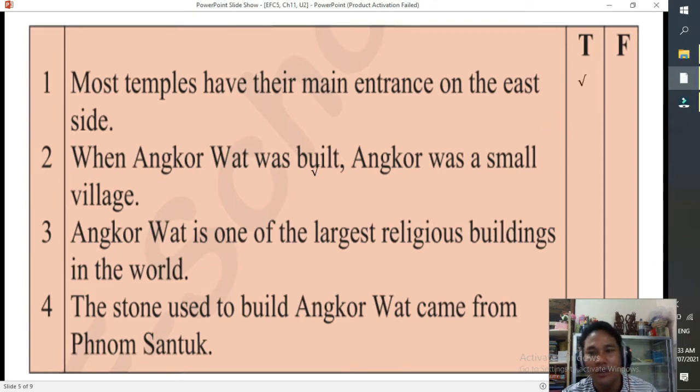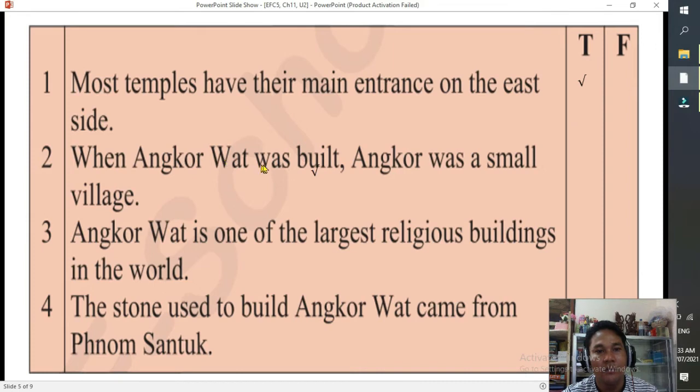Only Angkor Wat has the main entrance in the west because of the, we can say, the sake of the religion. So when the sentence that is written like this is correct, we no need to give more information.